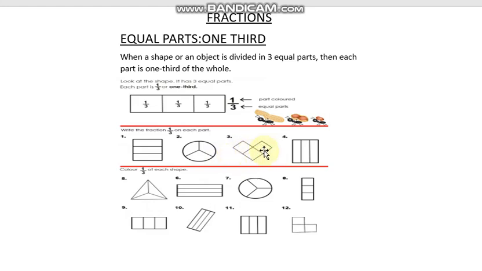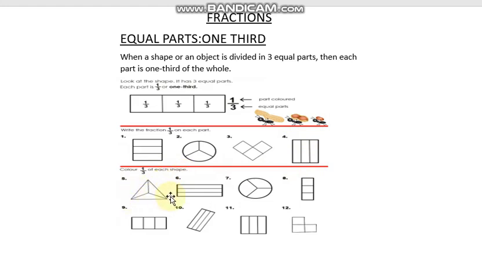Similarly, in this shape it is also divided into three equal parts, and when we take any one part and color it, then we can write 1/3 of the whole. Color 1/3 of each shape.